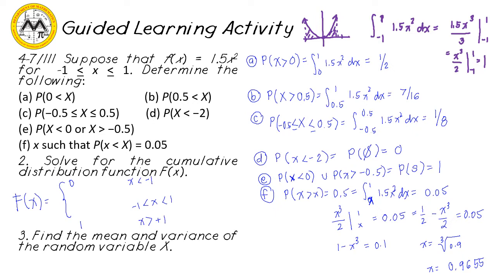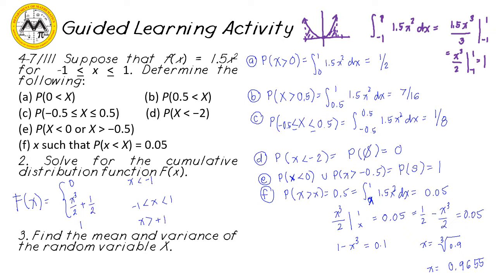So the integral is x cubed over 2. So the upper limit is x cubed over 2. The lower limit is negative 1. So it would be plus 1 over 2.